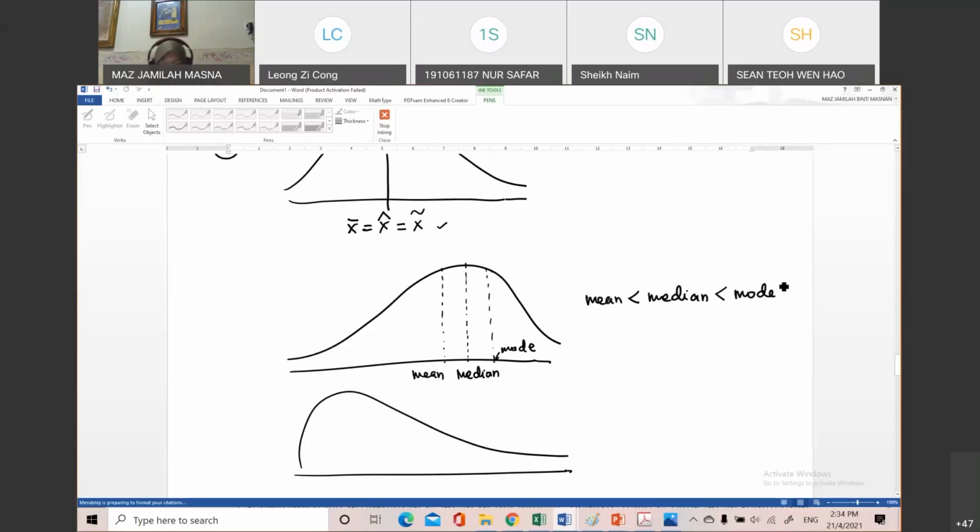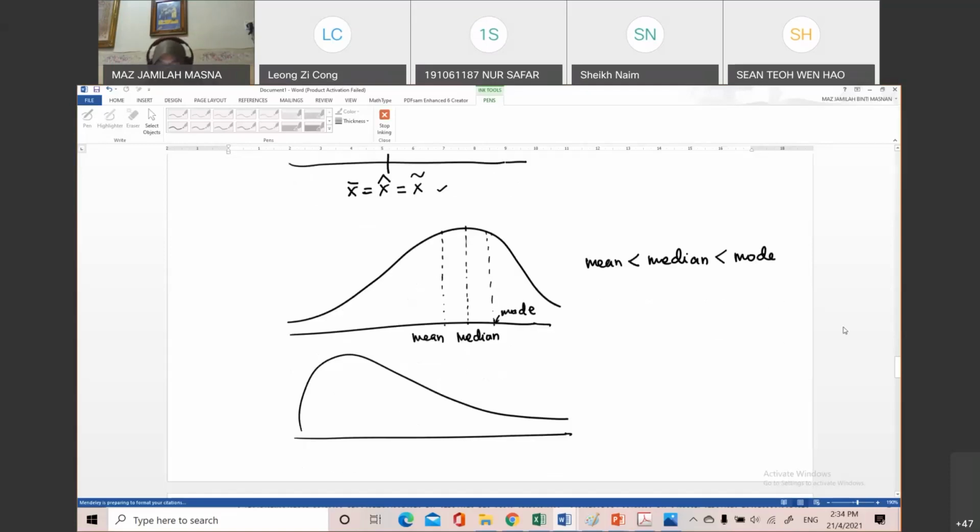In reverse to left skewed, we have right skewed. When we have right skewed, we will have here the median. Let's say x bar, x curly, x hat. This is your x curly, and this is your x bar, and the mode should be a peak.